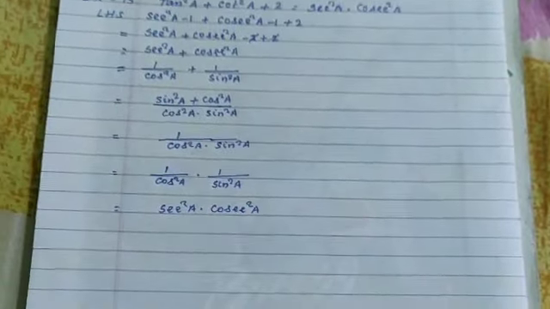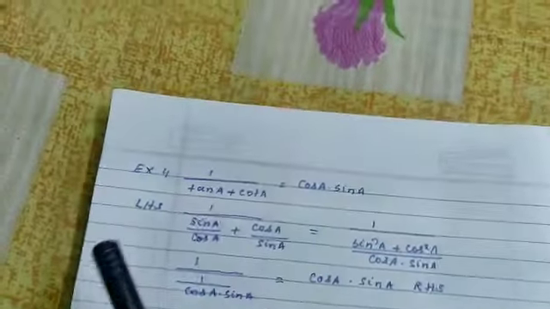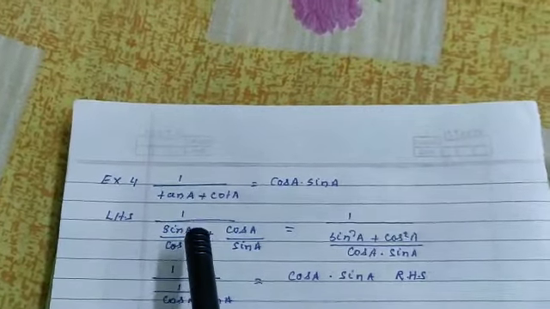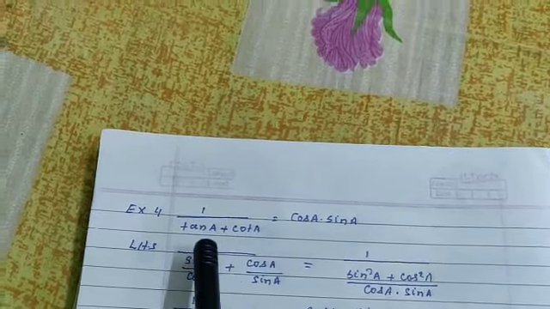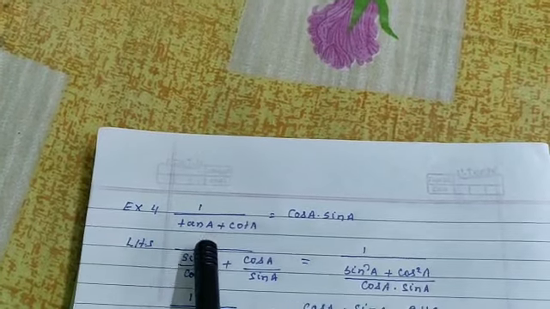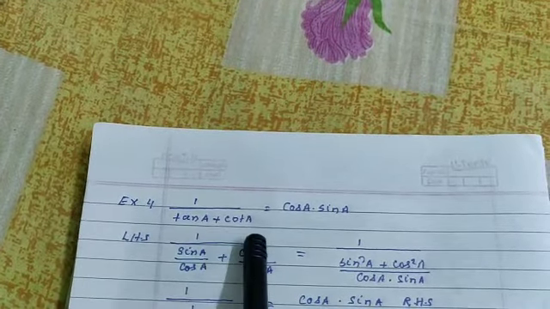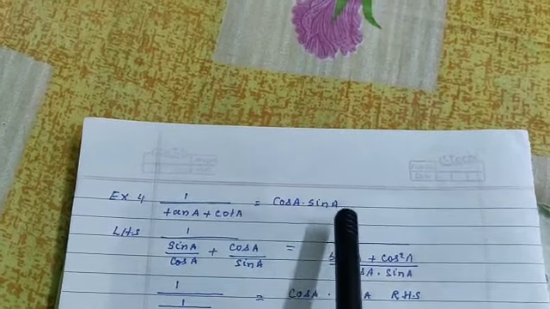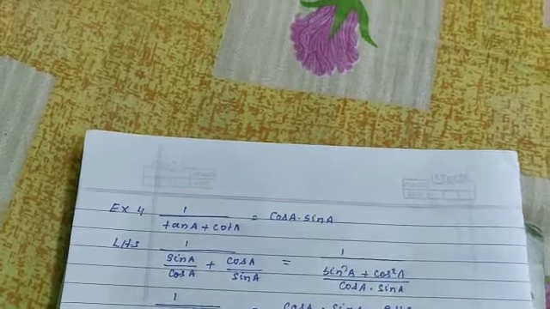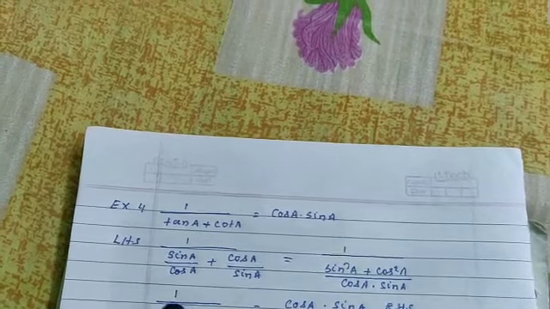Similarly, we will take another question, question number 4. On the left hand side it is given 1 by tan A plus cot A, which is equal to cos A into sin A on the right side. Now we take the left hand side.